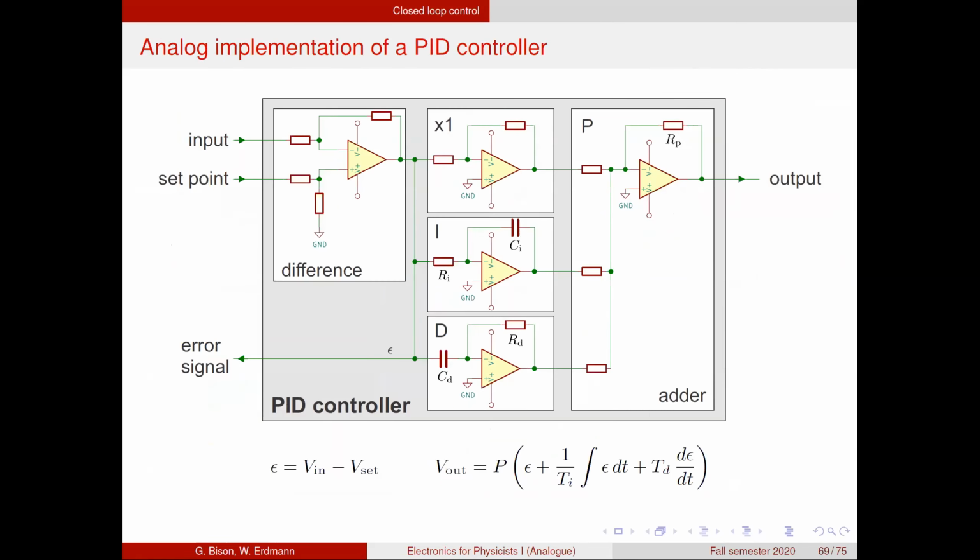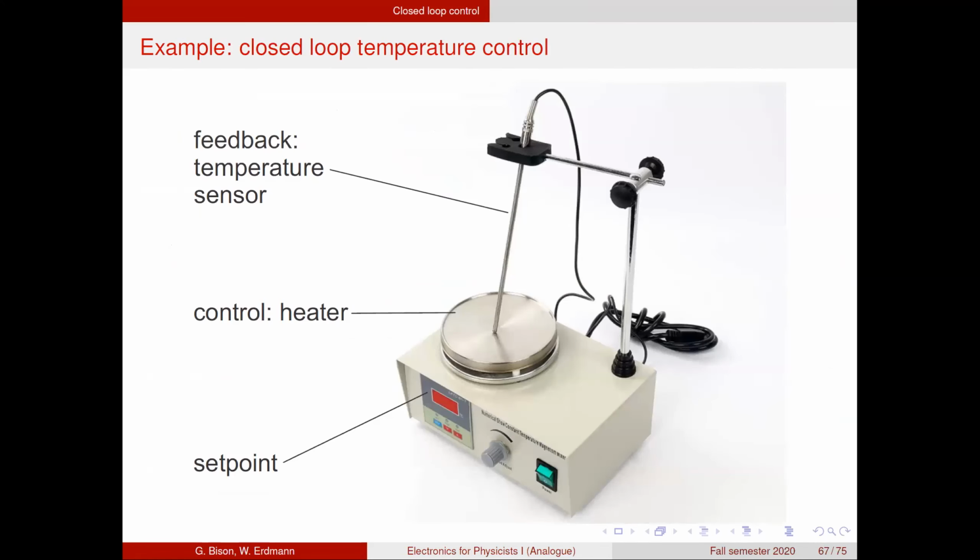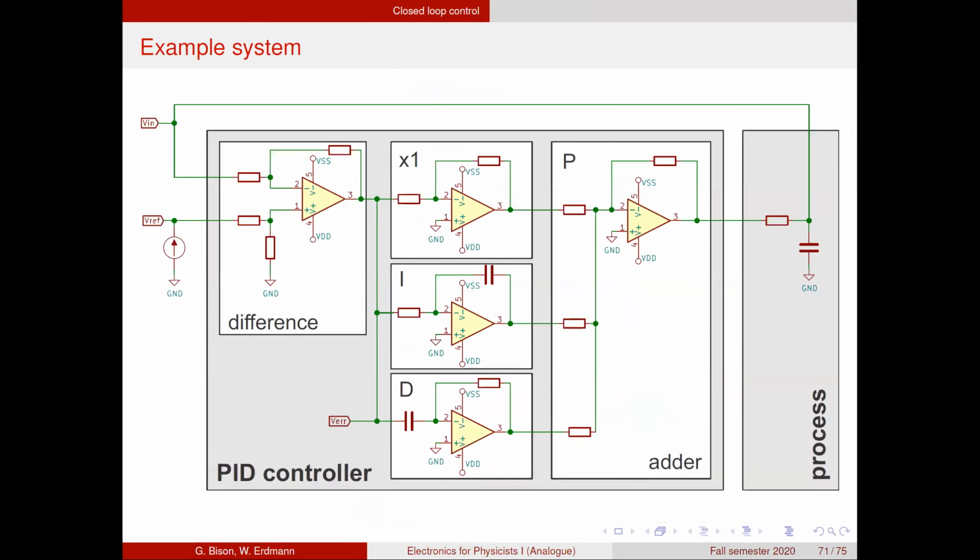For example, if we go to the example of the temperature controller, if you start heating here, then it will take some time until the water changes its temperature. And that's exactly the behavior of a low-pass filter. So one could say that this is a very simple model for a process that we want to control.